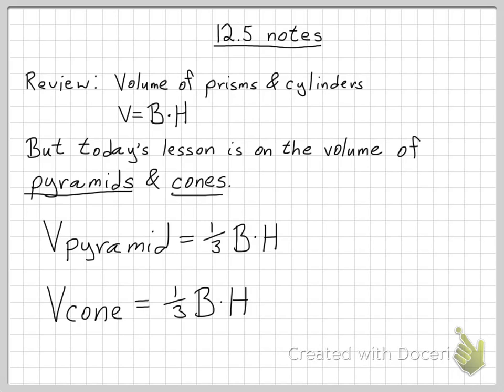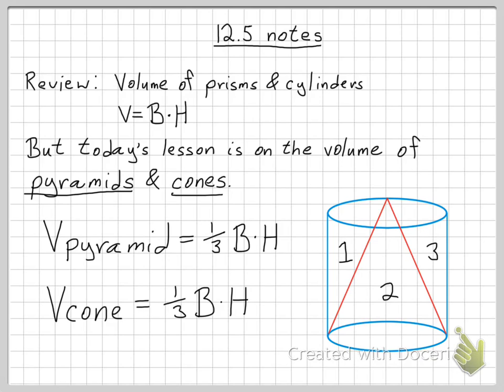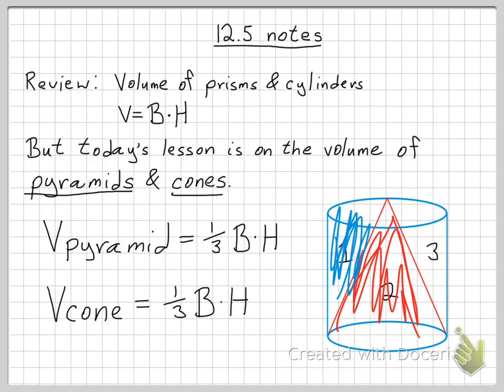And that's because you can fit, as you can see here, 3 cones inside of one cylinder, right? So if this was a cylinder with this area of a circle and that area of a circle, you could see that you could fit 1, 2, and 3 cones inside that one cylinder.